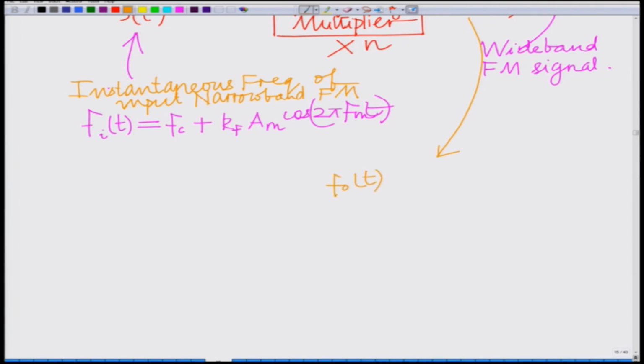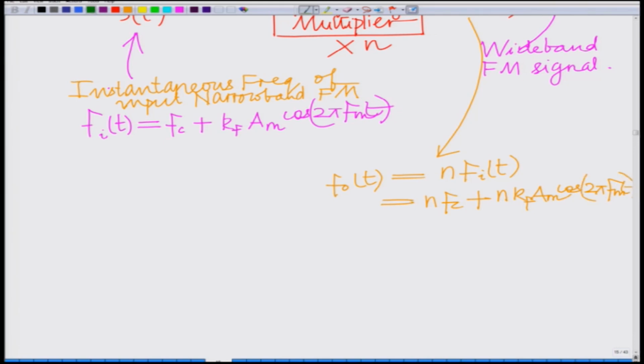Since we are multiplying the frequency, this will simply be n times f_i(t), which is equal to n times fc plus n times kf Am cosine 2 pi fm t.